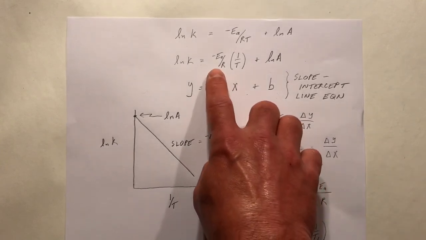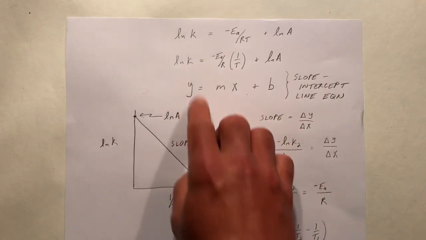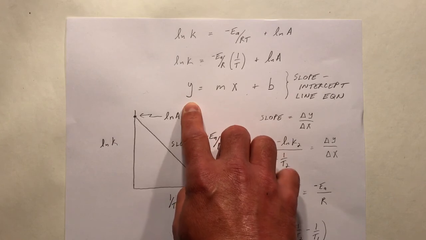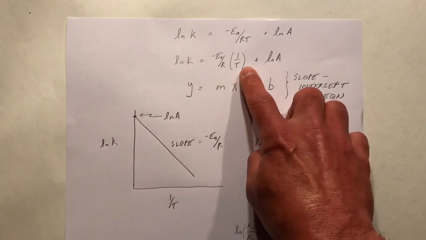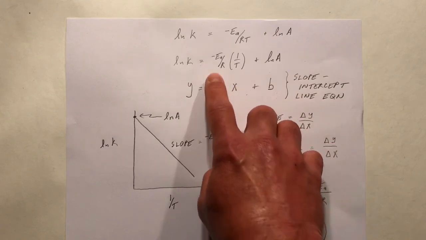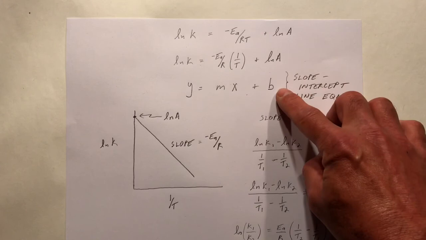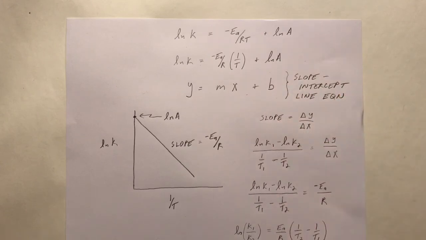We can just factor out negative Ea over R, and we'd say that the ln k would be the y-axis value, the inverse of temperature would be the x-axis value, the slope of the graph would be negative Ea over R, and the natural log of A would be the y-intercept, or the b value.